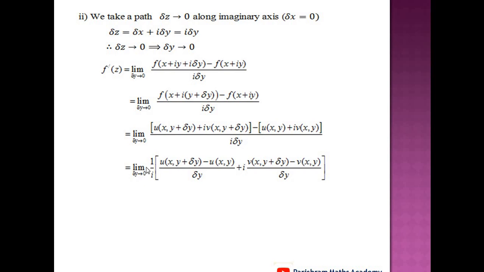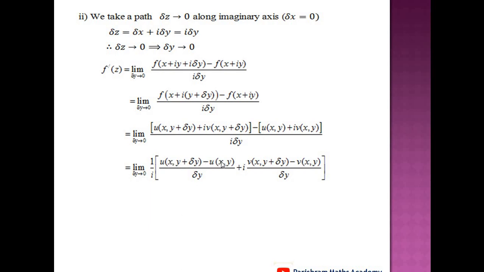Here, upon i, first we can take 1 upon i, then into the bracket [u(x, y + delta y) minus u(x, y)] upon delta y, plus, taking i common, i into [v(x, y + delta y) minus v(x, y)] upon delta y.